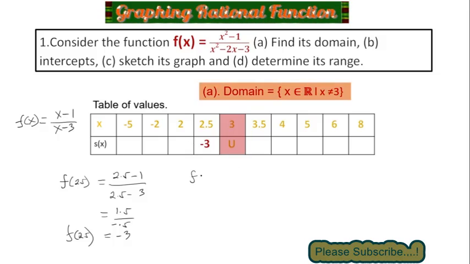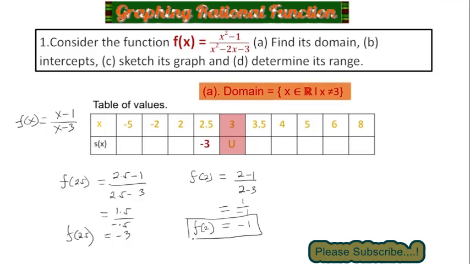When x is 2, by substitution, we have 2 minus 1 all over 2 minus 3. So the result is 1 over negative 1, or negative 1. So our function, when x is 2, has a value of negative 1. That is how to solve for the function using the given values of x.